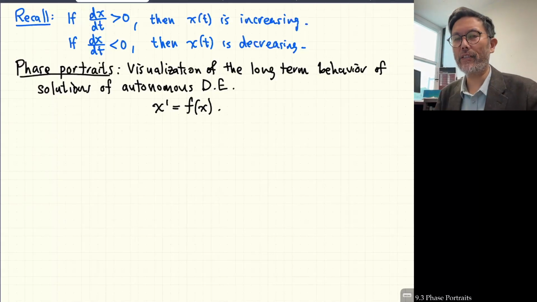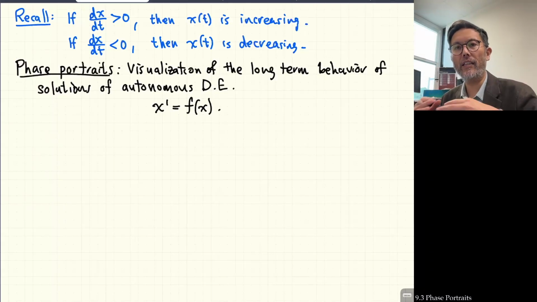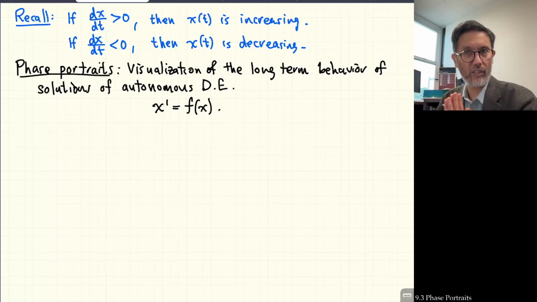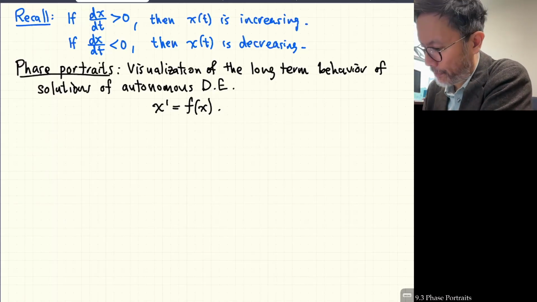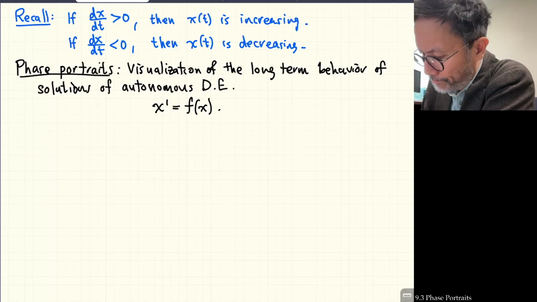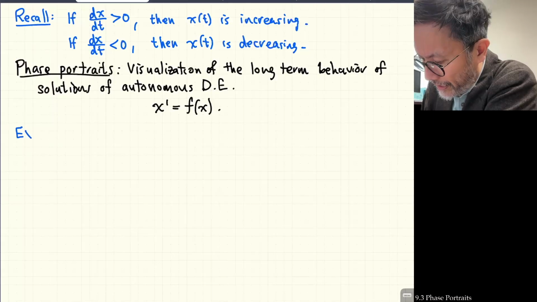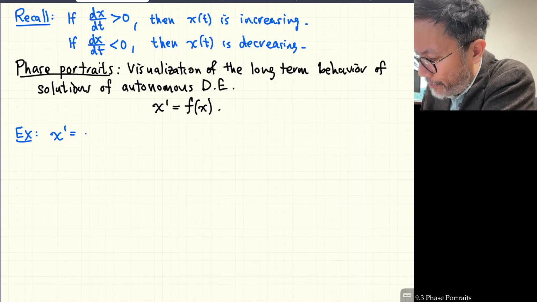Rather than me trying to say it out loud, I think maybe the best way to think about it is via an example. So let's do an example here. Let's take as our example x prime equals, how about, I don't know, negative 4 times x minus 3.